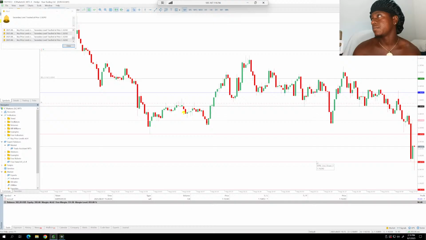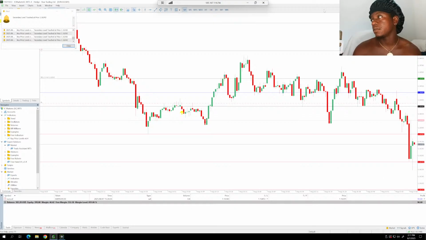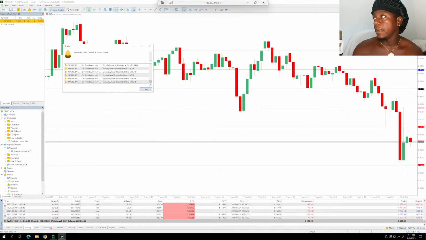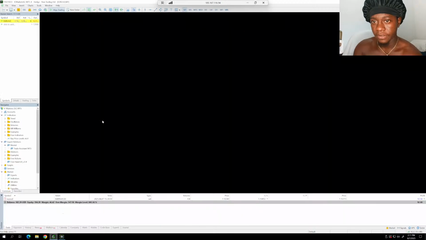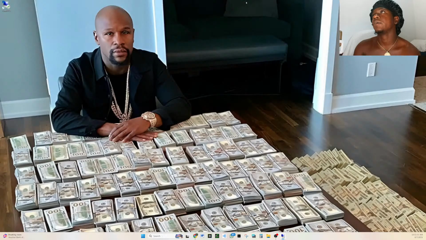What is that? 20 pip range. Let's see. Come on. You know you want to drop down lower, man. You know you want to let go of that gas you've been holding on to.